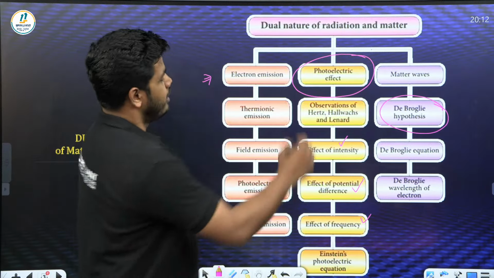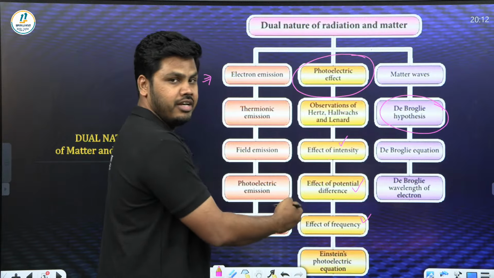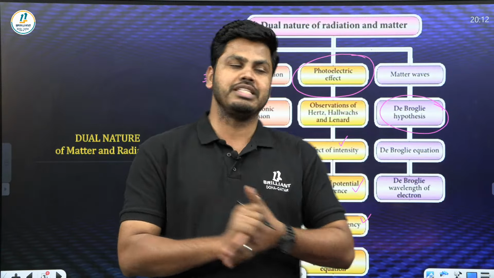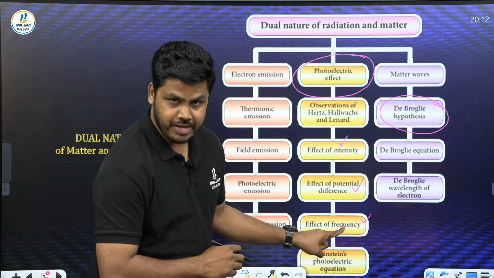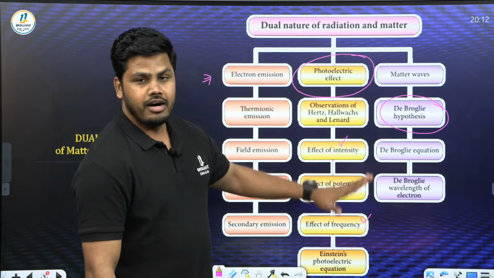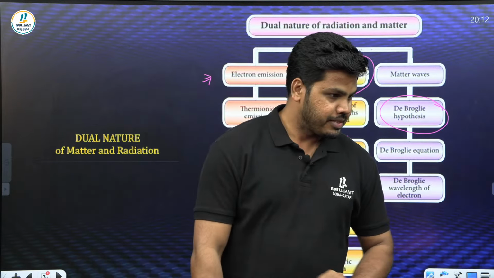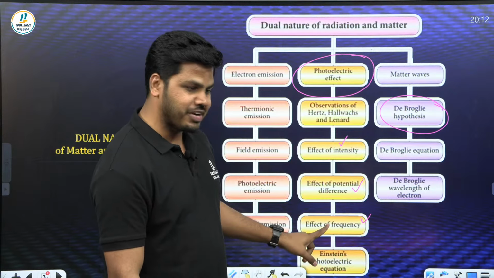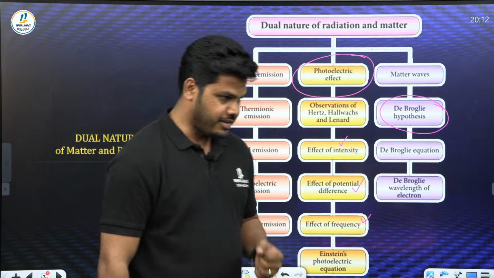We know the effect of intensity: photoelectric current, or number of electrons emitted per second from a photosensitive material, is directly proportional to the intensity, but it is independent of frequency. And the effect of frequency: which quantity is affected by the frequency? Yes, the frequency of incident radiation decides the kinetic energy of the emitted electrons.